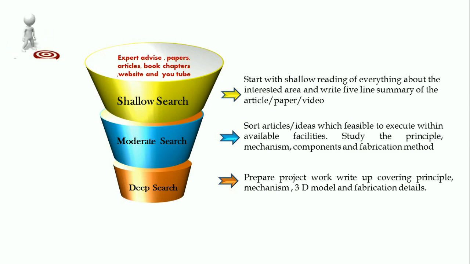Prepare a write-up covering the principle, mechanism, and even develop the 3D models and fabrication details. When you conduct this deep research, out of those three, you can select any one as your project and prepare the project proposal report.